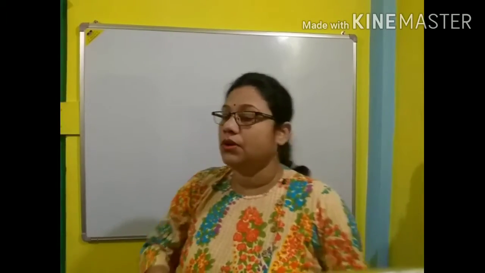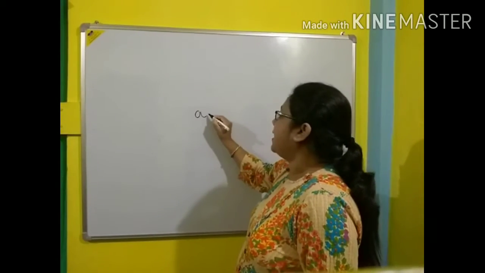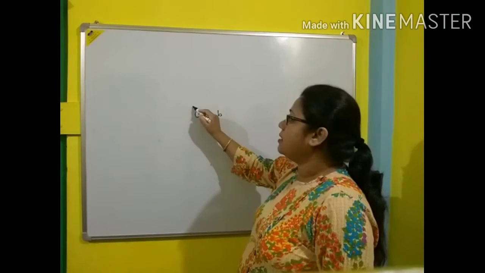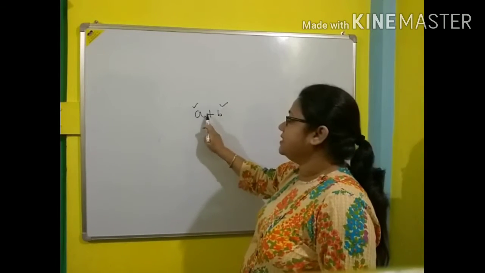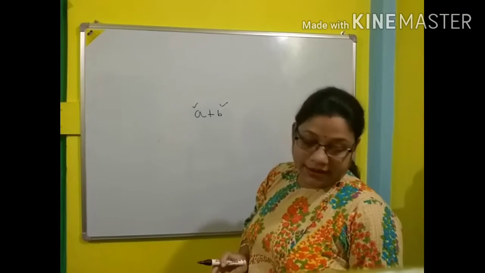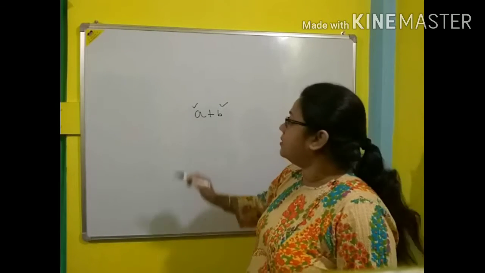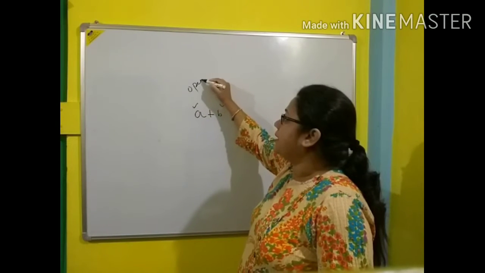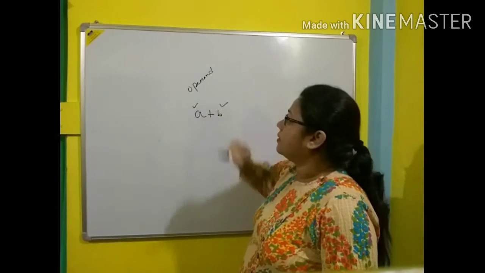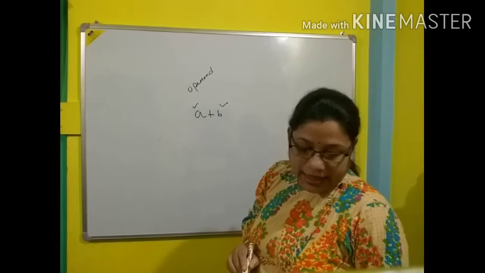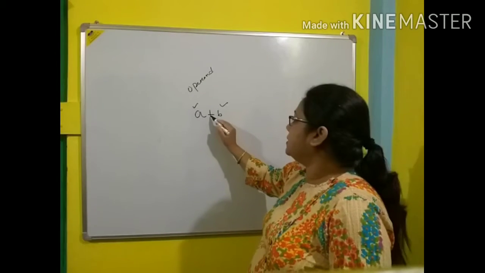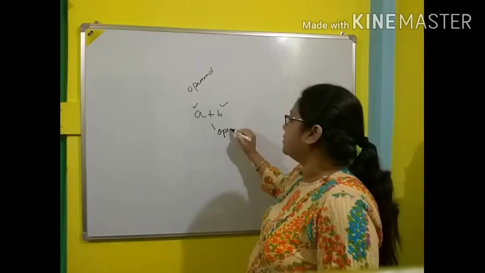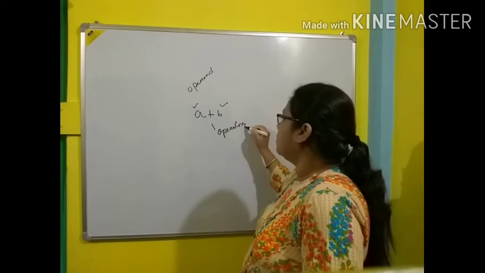For example, if you write A plus B, then A and B are known as operands, okay? And this plus symbol is known as the operator.